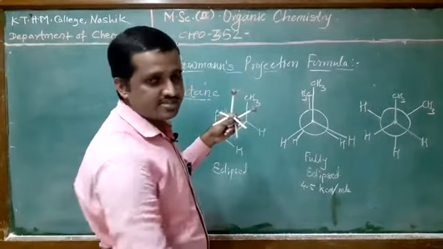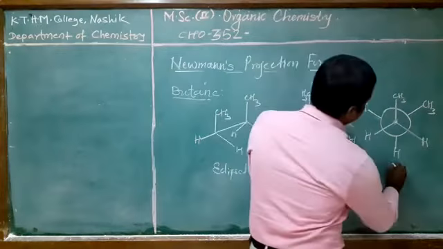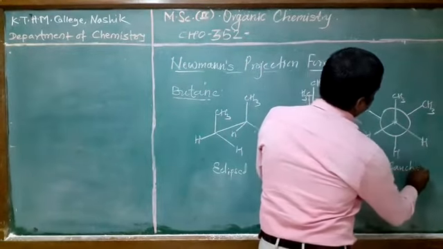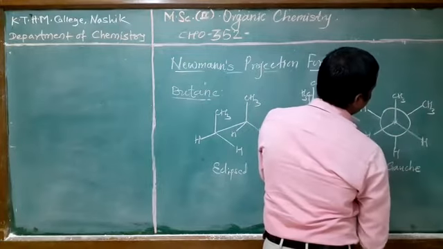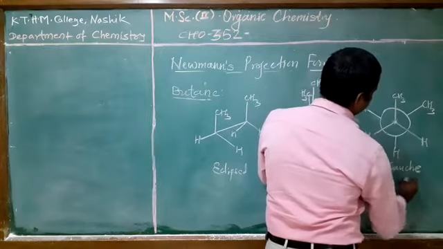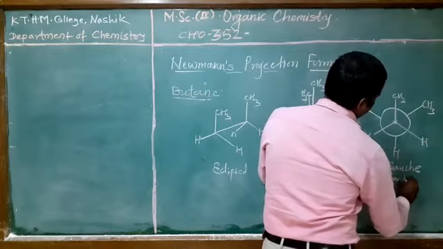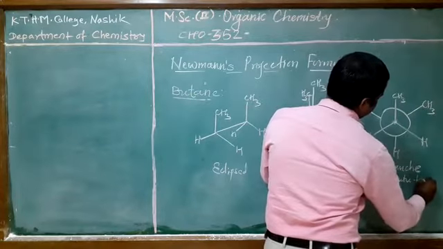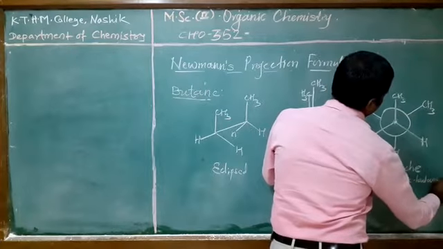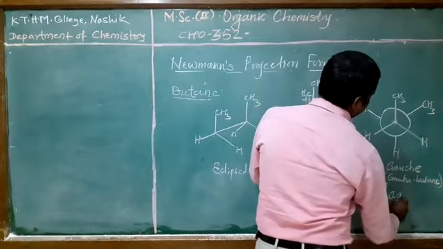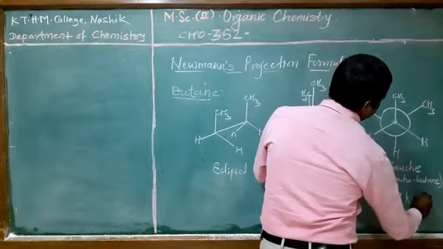This is the second type of conformation in butane, called the gauche butane conformation, which has the energy 0.9 kilocalorie per mole.